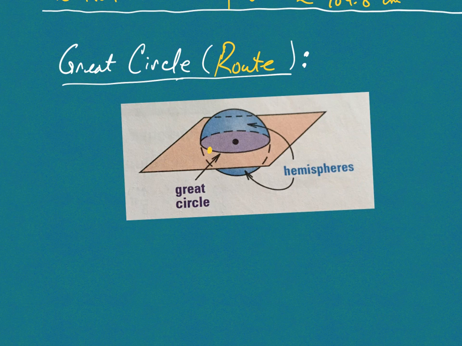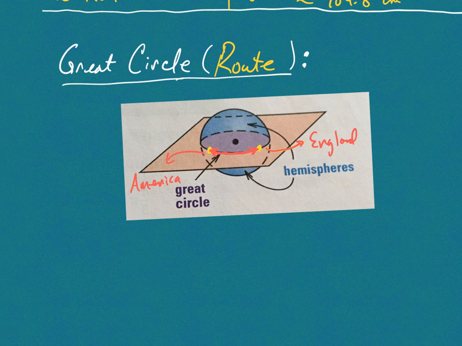So if you have 2 places on a globe, let's say one of them is, let's see, I better go in red so you can read that. What if one of those places was England and the other place was what we now call America, and you wanted to figure out the shortest possible route between those 2 places?